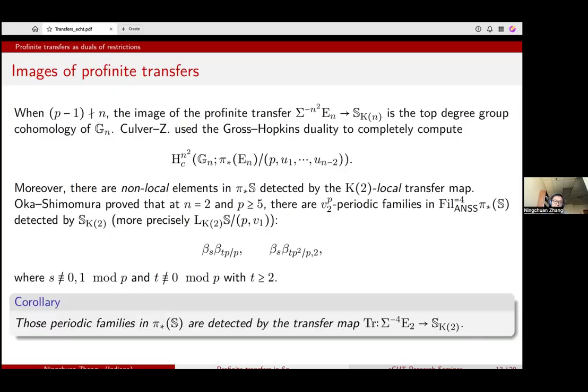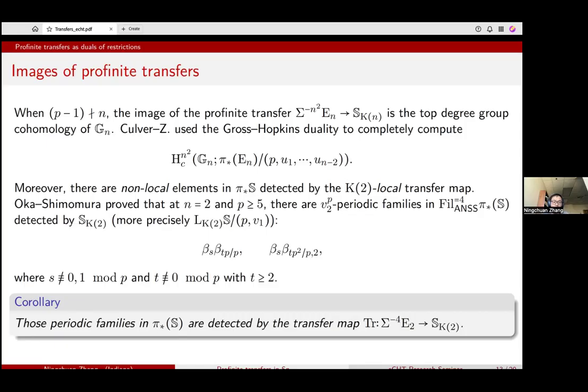So in particular, those elements are detected by the transfer. Also, those beta family elements can be constructed using finite cell complexes, so they are naturally permanent cycles. We just don't know if they are zero in the stable stem, but Oka and Shimomura proved they are not.